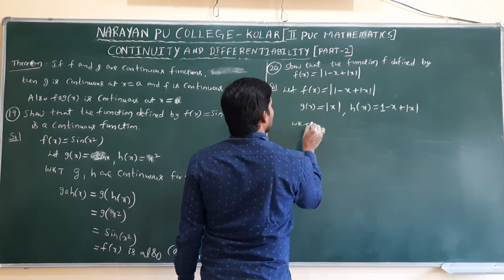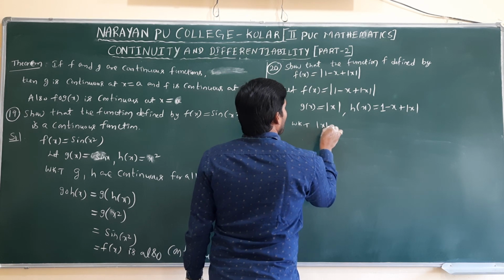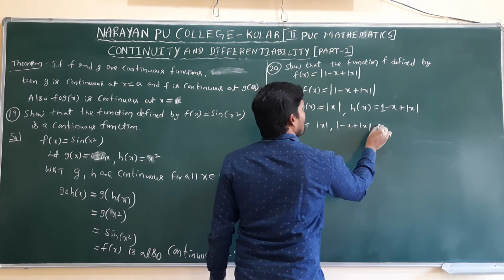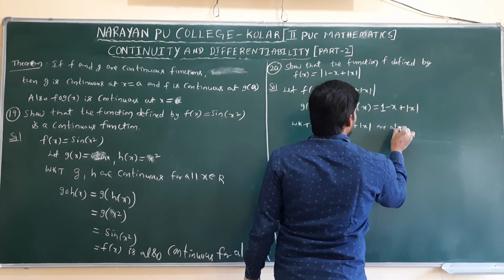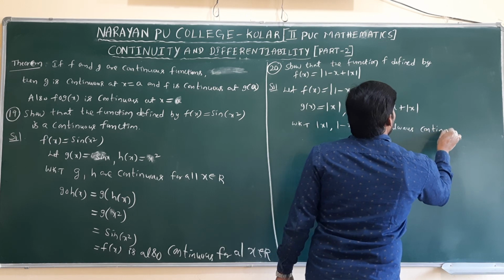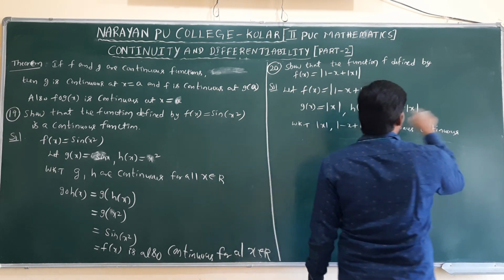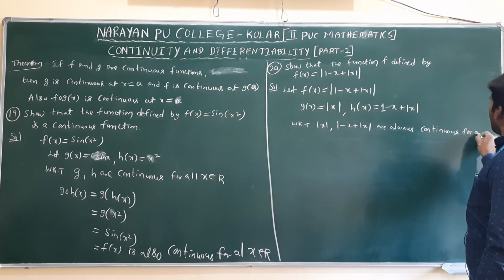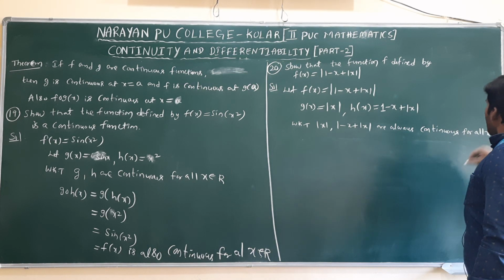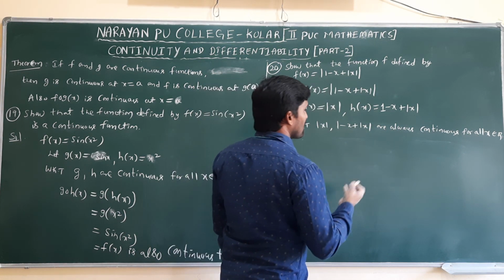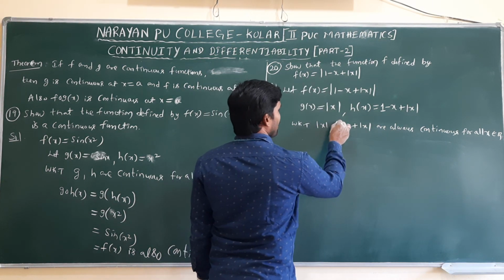Now we know that mod x and 1 minus x plus mod x are always continuous for all real numbers. For this, the domain is all real numbers only. From this, g and h both are continuous functions we can define.